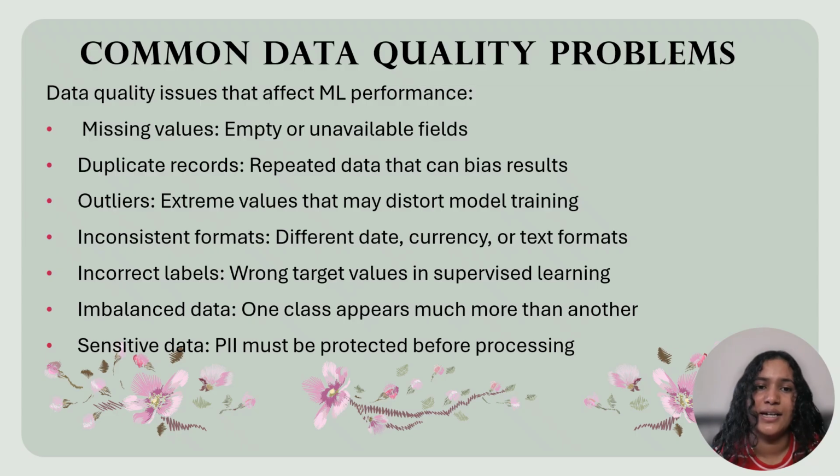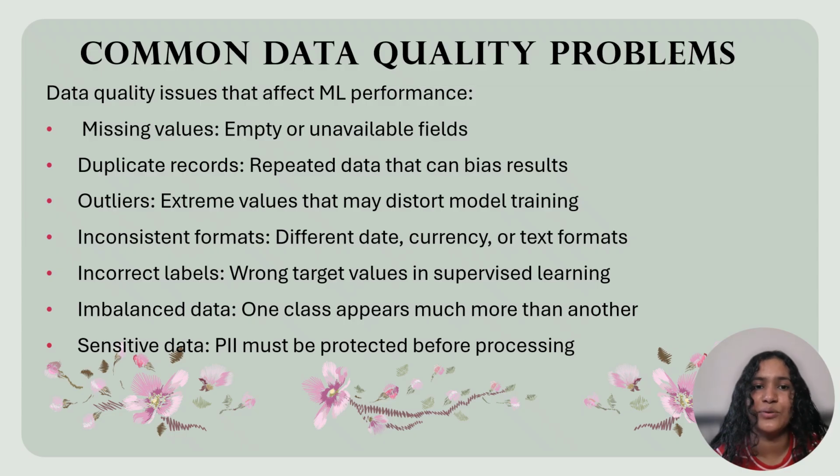Then, imbalanced data can also affect performance. This occurs when one category appears much more frequently than another. For example, if 95% of emails are non-spam and only 5% are spam, the model may struggle to identify spam correctly.